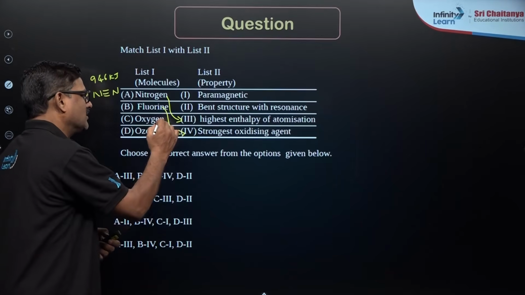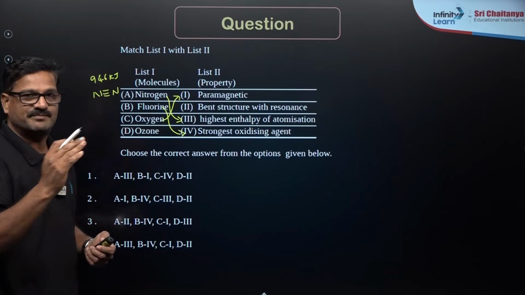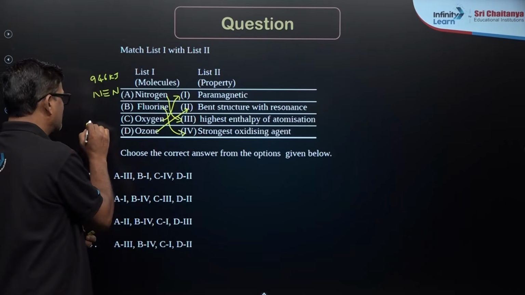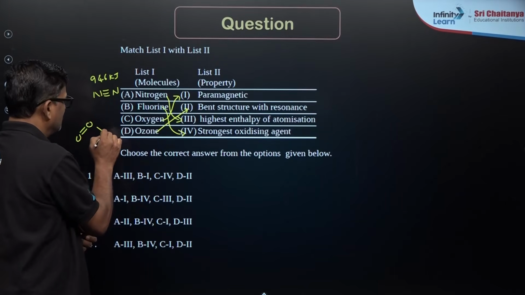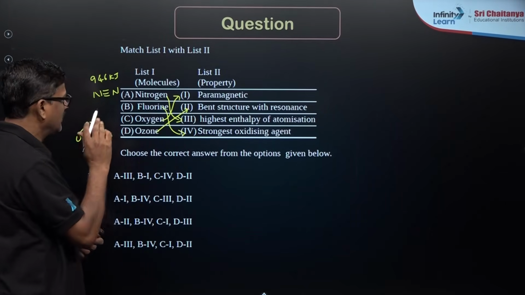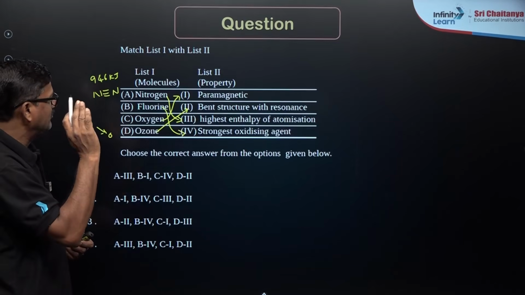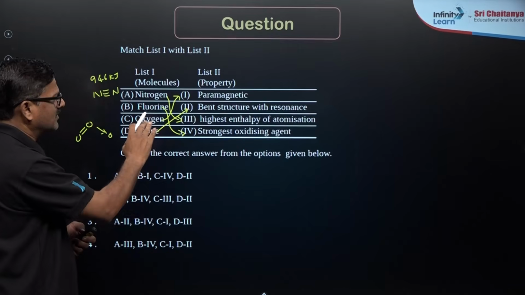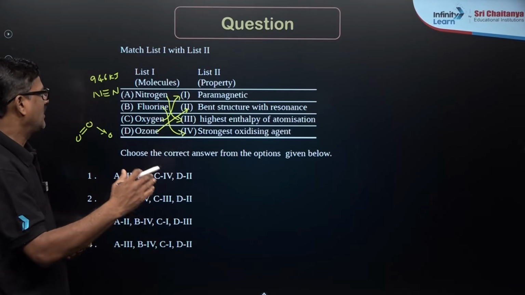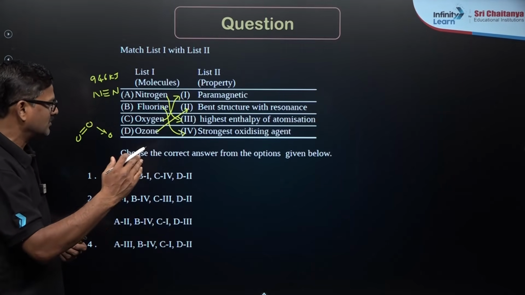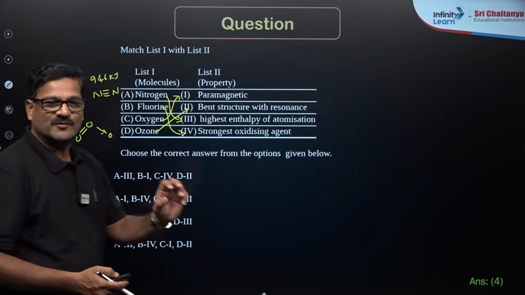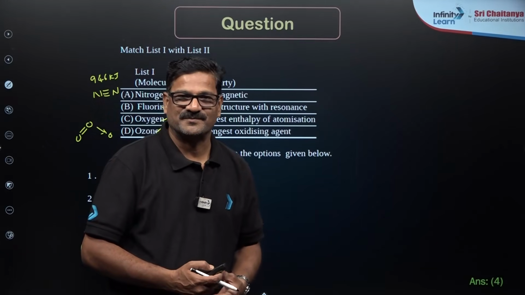Oxygen, according to molecular orbital theory, is paramagnetic in nature, and ozone has a bent structure like this. So A with 3, B with 4, C with 1, and D with 2, and the answer for this question is going to be 4. Option 4 is the correct answer for this question.